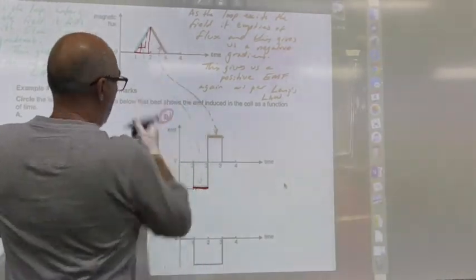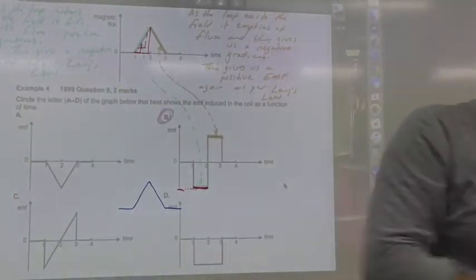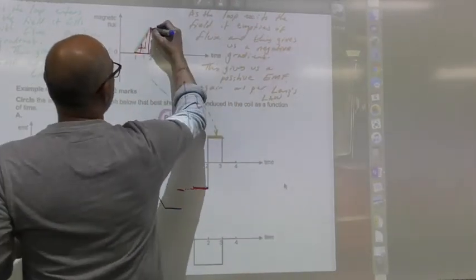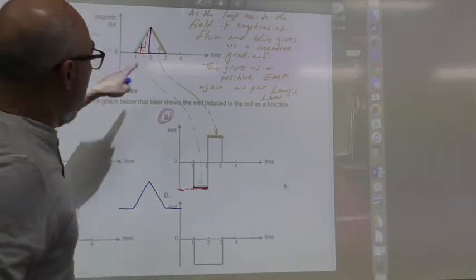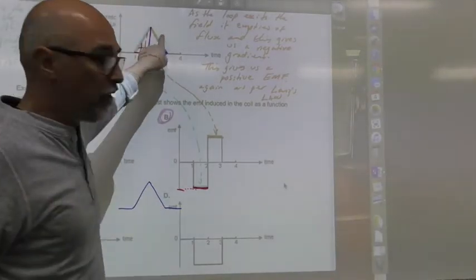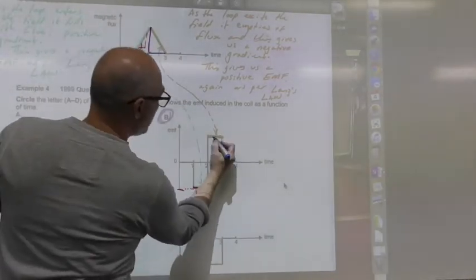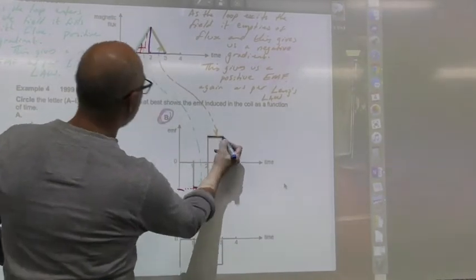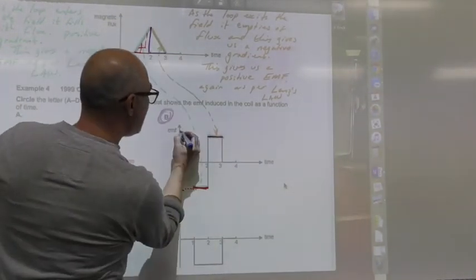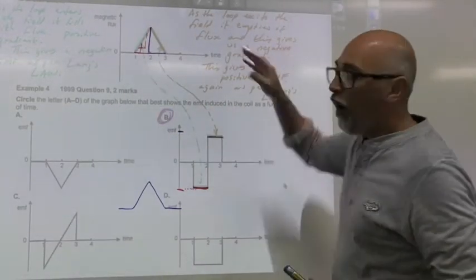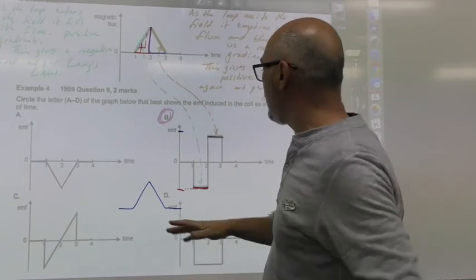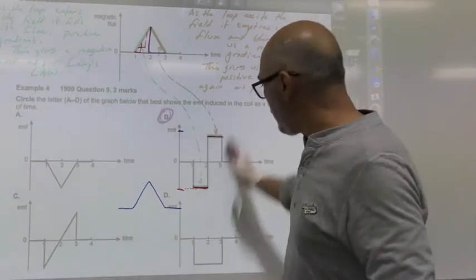Now, again, this gives us the same, because it's moving at constant velocity, it's giving us the same gradient, but the other way. So that's now the negative version of the gradient. That then corresponds to a positive pulse. So the gradient of that line is that value there, all right? And it's constant while it leaves the field. And as soon as it leaves the field, bam, drops to zero.